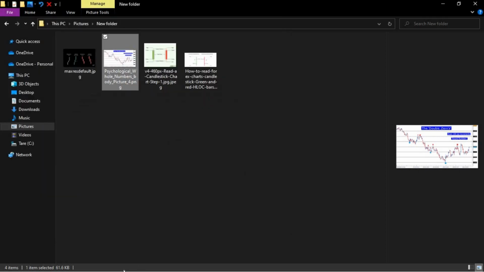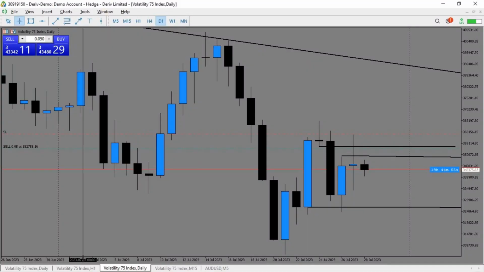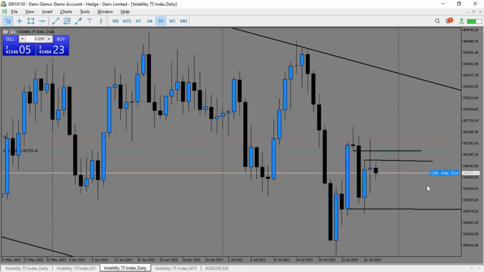So let's go back now to MT5 and let me show you. I took a sell yesterday. This is my chart now, and you can see I already outlined a gap I saw.